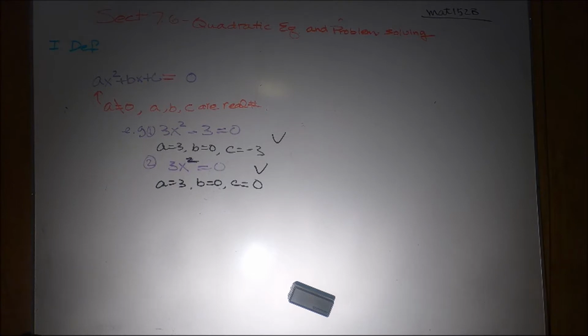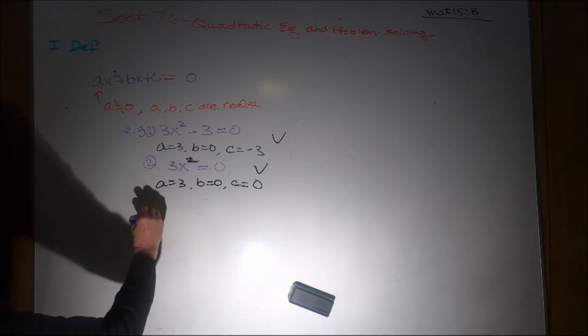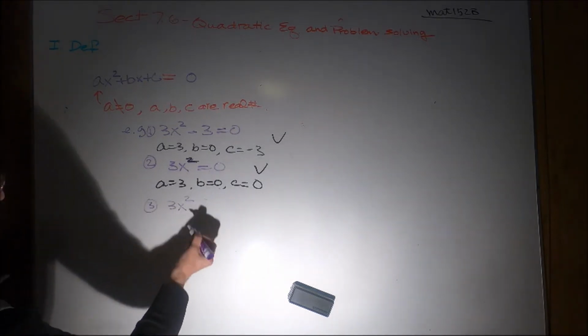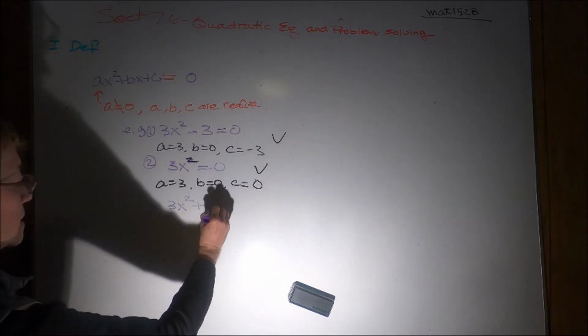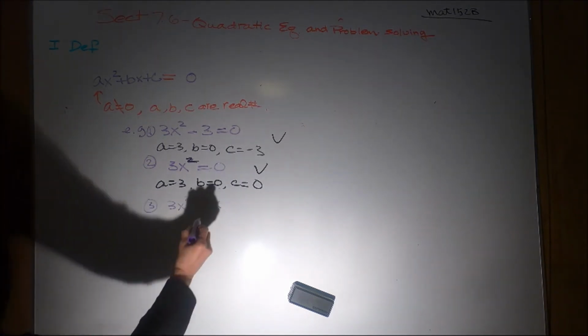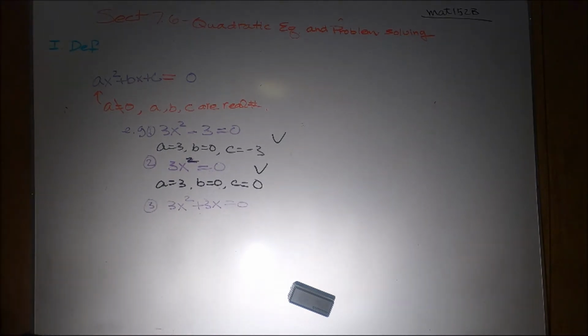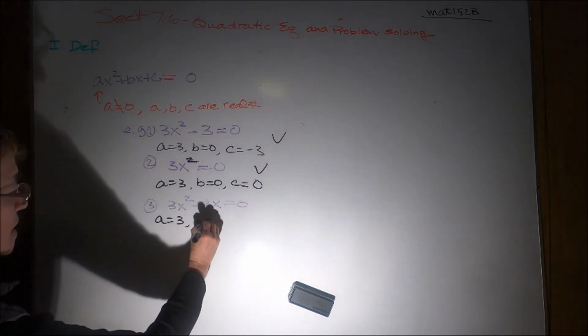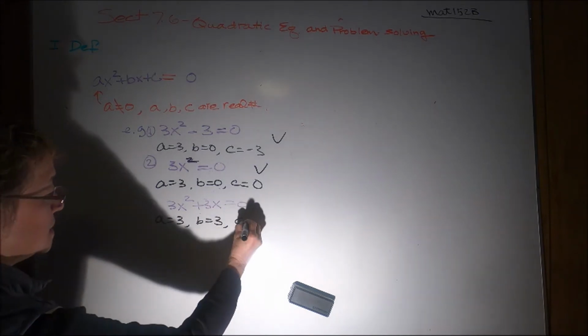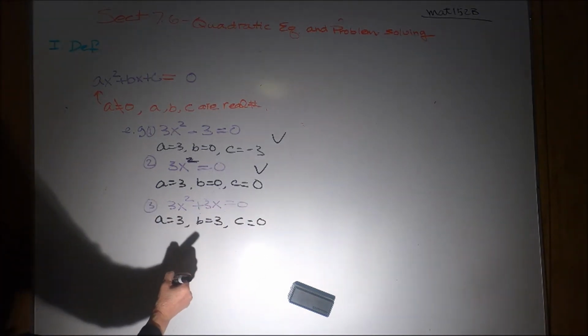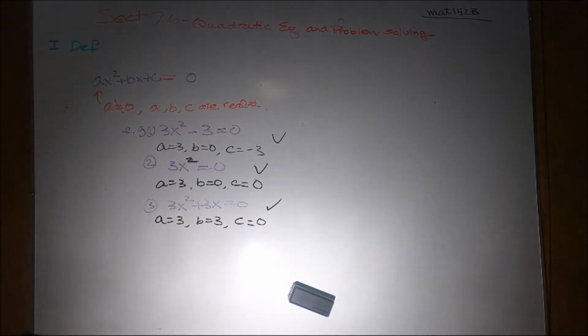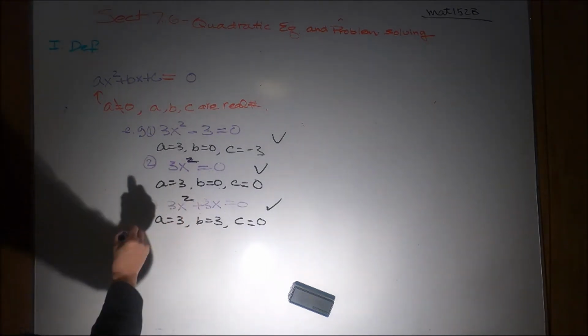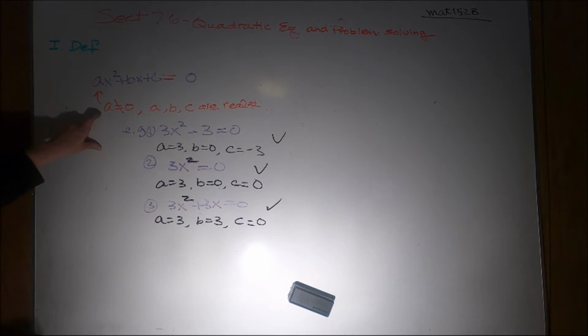Or if you have this situation, 3x squared plus 3x equals 0, what's your a? 3. What is your b? 3. What's your c? 0. Is this a quadratic equation? Yes. As long as you have a square there, it is. The only restriction is what? A cannot be 0.